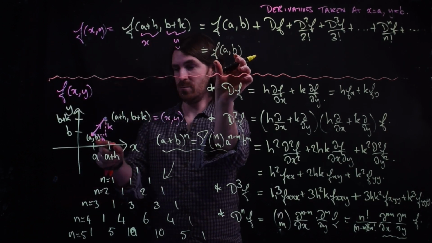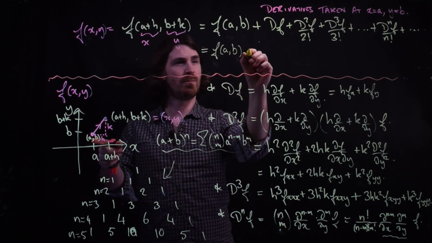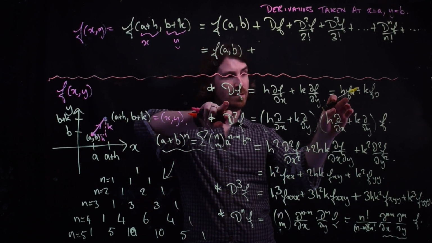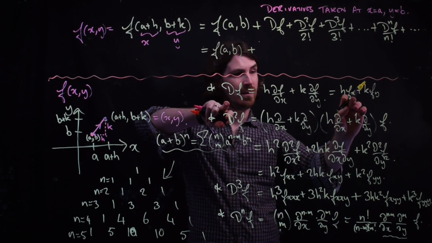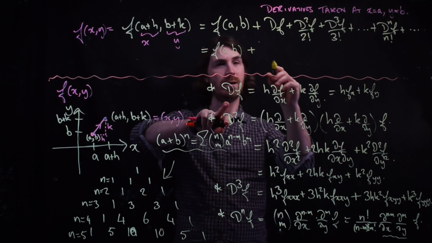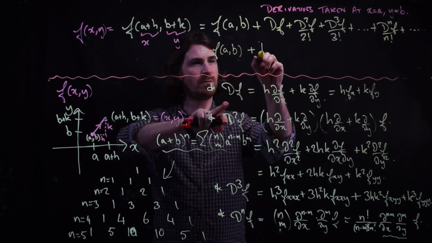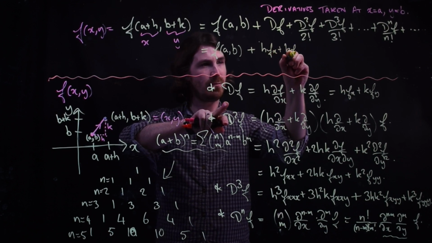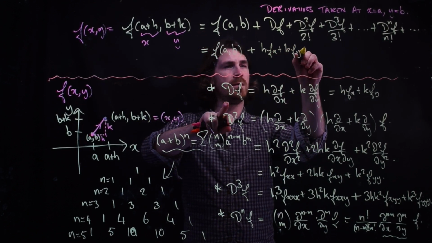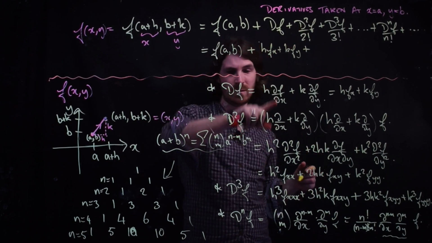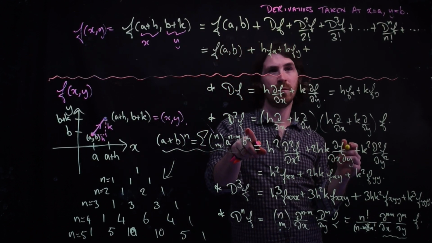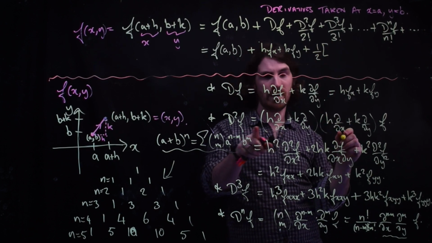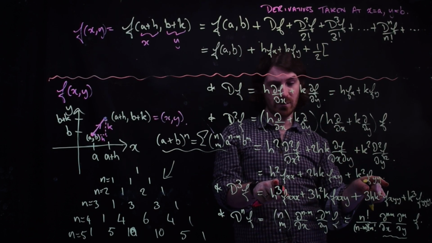So we've got the function evaluated at ab plus df, and df is just h df by dx plus k df by dy. And then we've got the d2f over 2 factorial, so we've got a factor of a half.